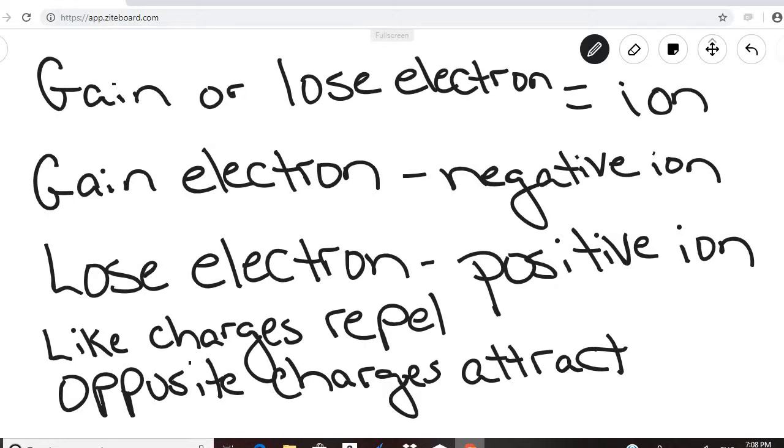So if we take two balloons and rub those balloons in your hair, and both of those balloons pick up a lot of negative charges from your hair, then when you try to put those balloons together, they will repel each other, and the more negative charges that are on those balloons, the greater will be the repulsion between them.